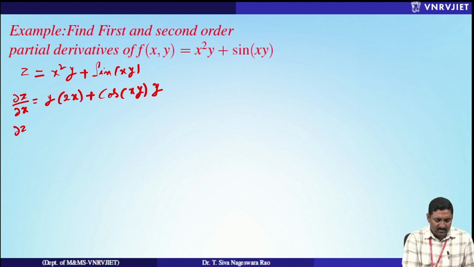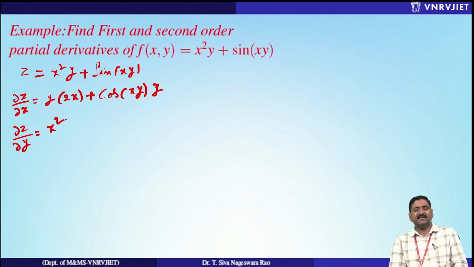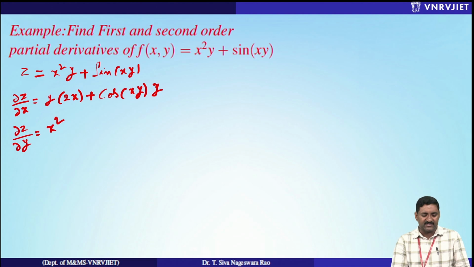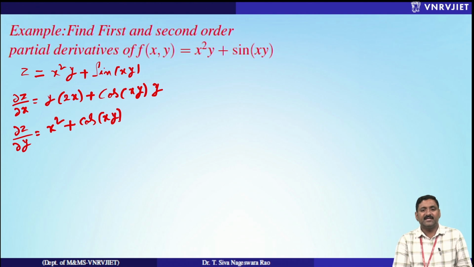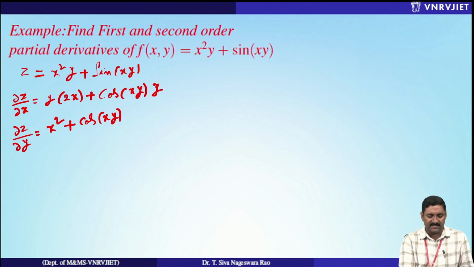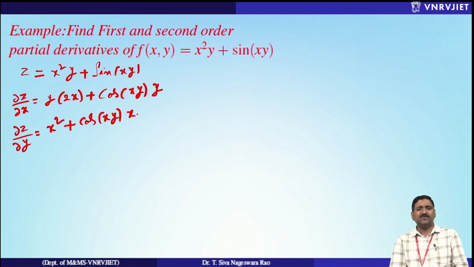Similarly, del z by del y is equal to: x square is constant, the partial derivative of y with respect to y is 1, plus cos of xy. With respect to y, we take x as constant, multiplied with x. So these two are the first order partial derivatives.